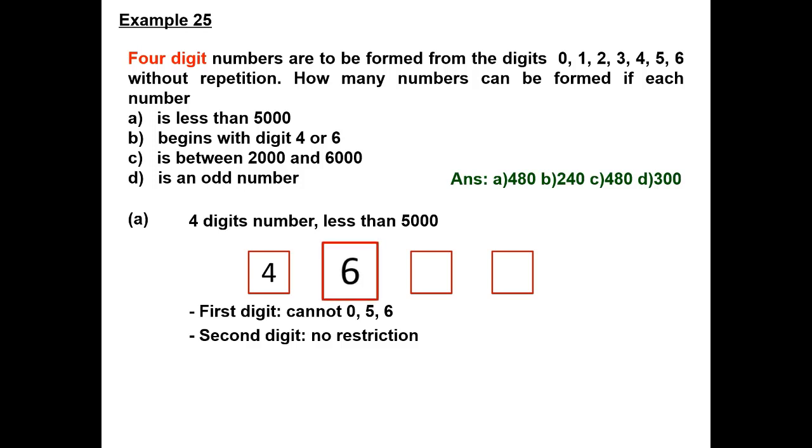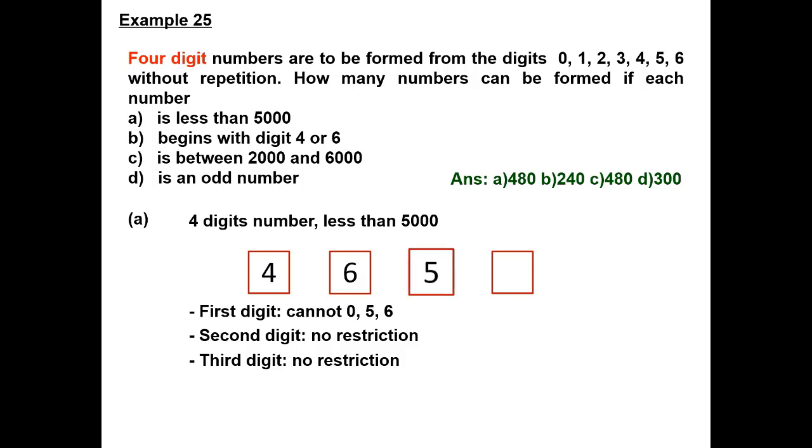Because one number is already used in the first digit, the number of choices for the second digit is 6. For the third digit, again there is no restriction. Because two numbers have been used in the first and second digit, the number of choices for the third digit is 5.